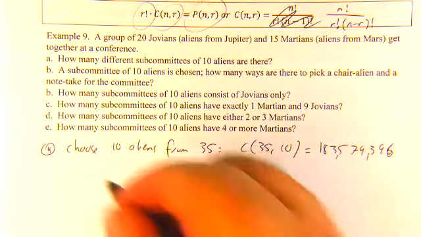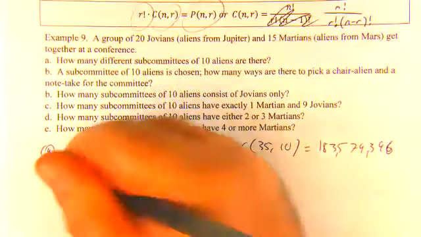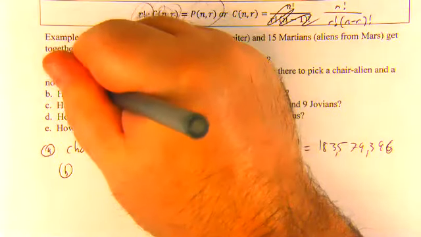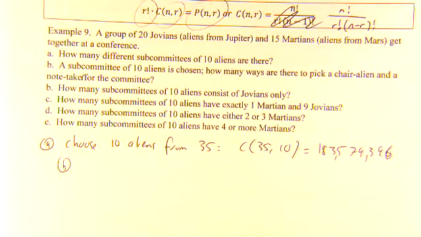So if we have one of these subcommittees and we want to choose a chair and a note taker, a chair alien and a note taker, how many ways are there to do that? Here, order matters, right? If you pick a Jovian to be the chair and a Martian to be the note taker, that's a different choice than choosing the same Jovian to be the note taker and the same Martian to be the chair.